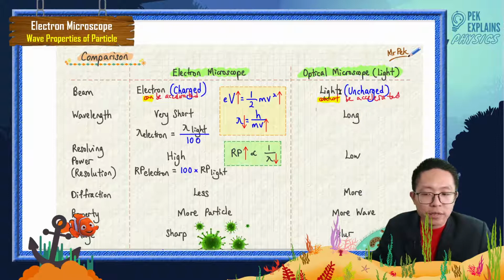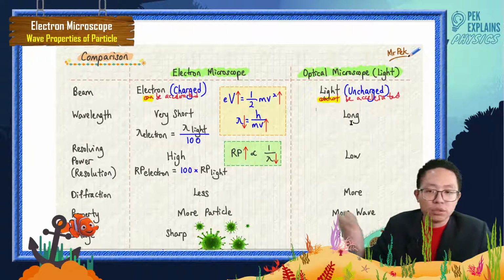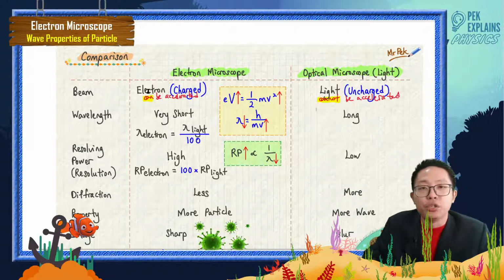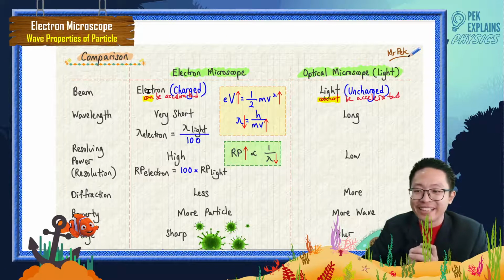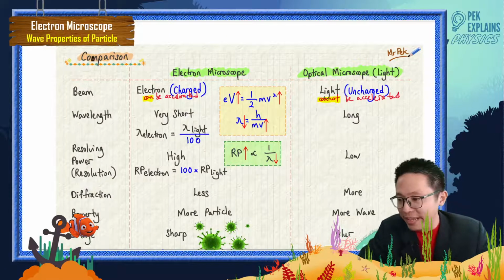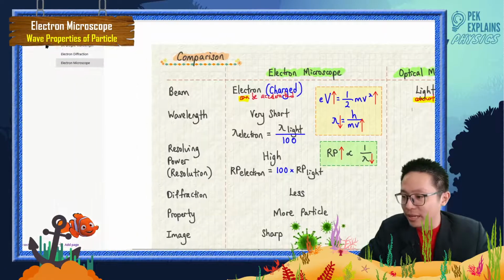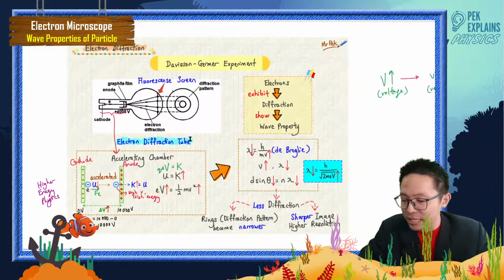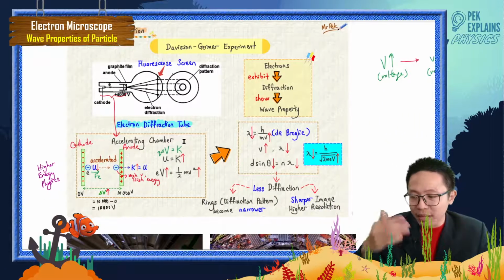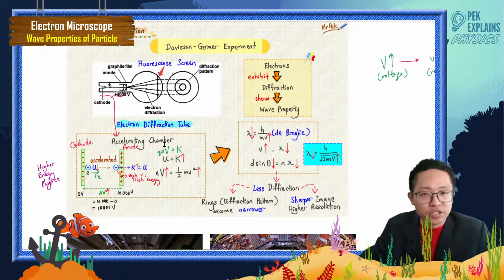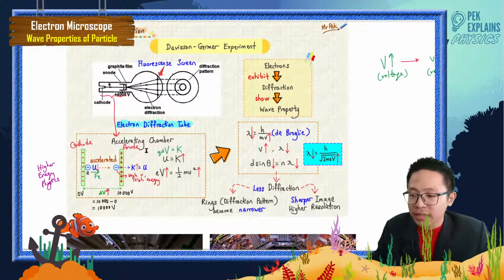So what wavelength you have for light, you just use the wavelength. But electron, you can manipulate the wavelength. Remember how do you manipulate the wavelength? That's the electron diffraction just now. I'm talking about the accelerating chamber. Accelerate the electron.